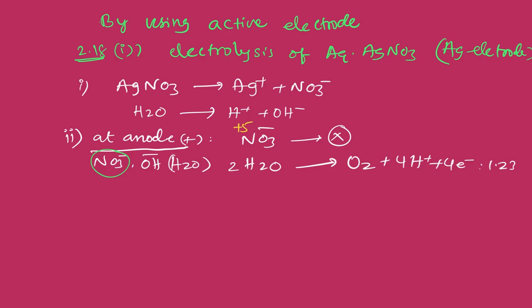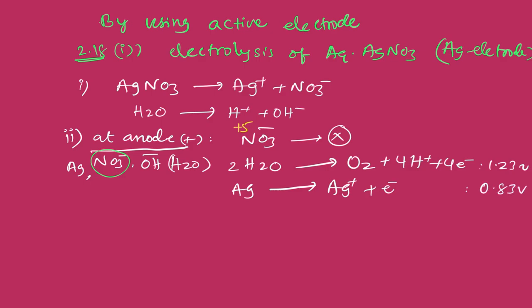At cathode, negatively charged. And here Ag is also there, that is an active electrode. Therefore we can write the Ag reaction also. Ag is converted into Ag plus plus electron. Therefore, its electrode potential is 0.83 volt.